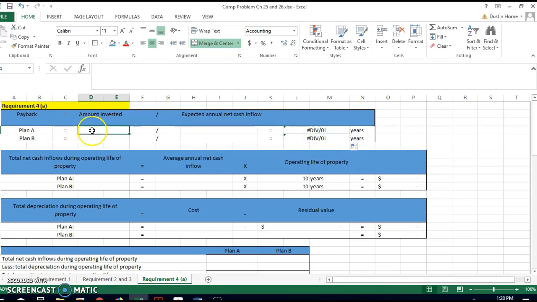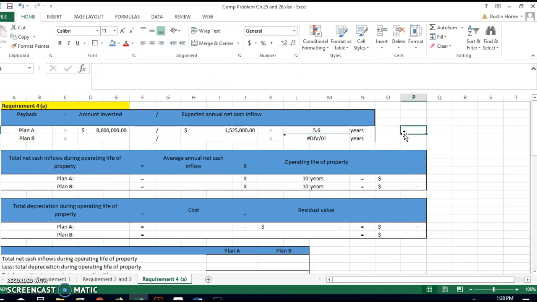For example, if you put in $8,600,000 here, divided by $1,525,000 here, then you would get this. Now we don't want all those decimals. We want to round to the tenths place, so you would decrease your decimal size to 5.6 years, and you would do the same thing for Plan B.